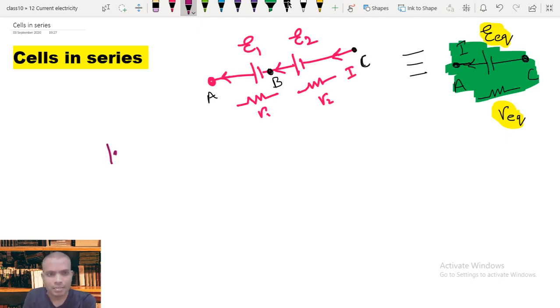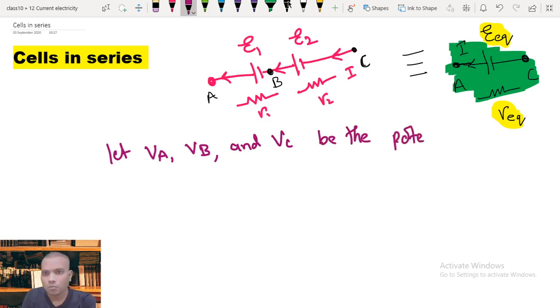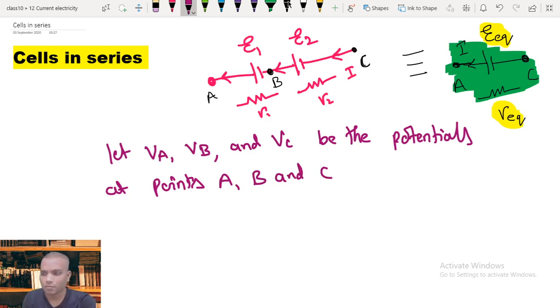Suppose I take V sub A, V sub B and V sub C to be the potentials at points A, B and C. Now, what could be the potential difference across the two cells?